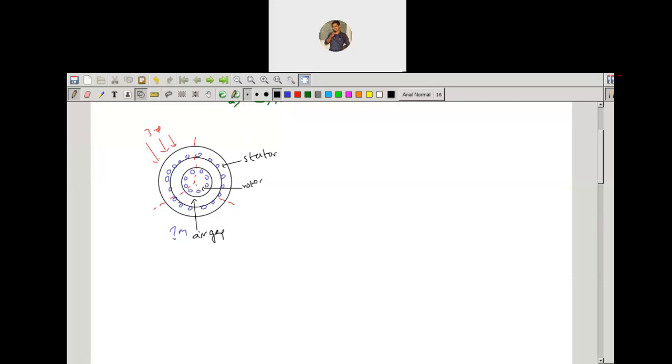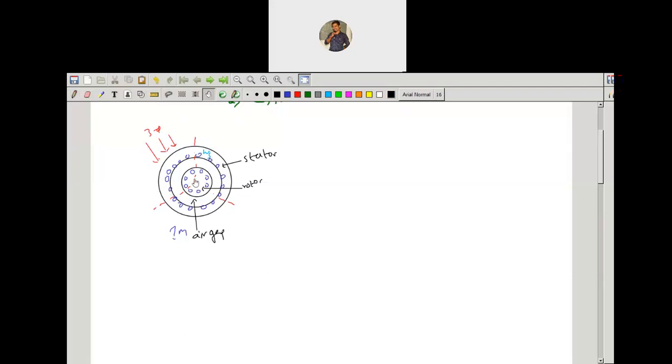The rotating magnetic field produced in the stator rotates at the synchronous speed, omega s, at the stator side. Then the rotor tries to catch up with the speed of this rotating magnetic field.